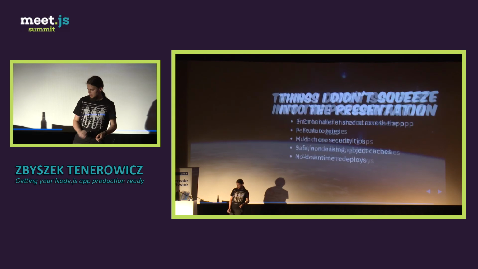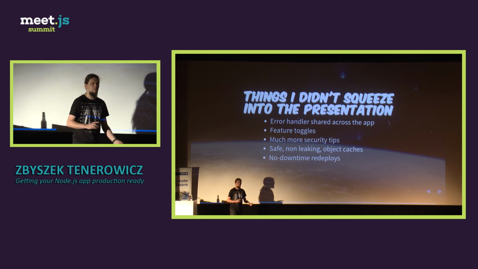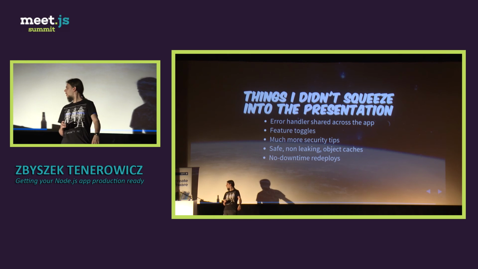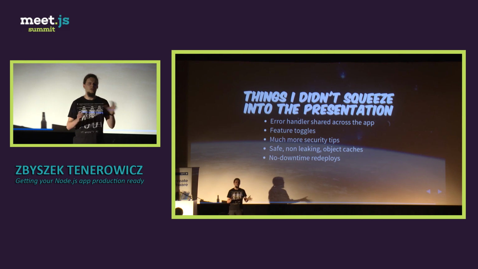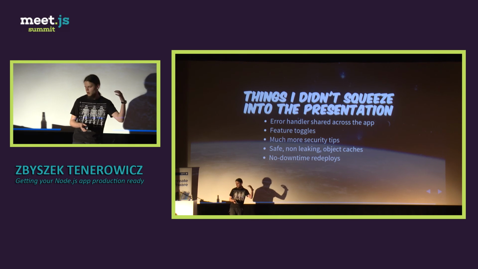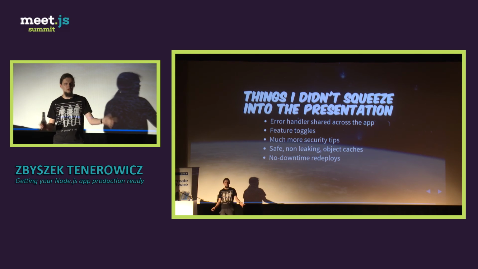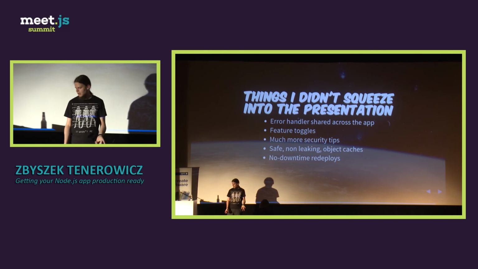Okay, what's next? Things I didn't put in that presentation because there's a time limit. So you can ask me questions about those, obviously. I hope we squeeze them in. You want to centralize error handling to have better control. You want to have feature toggles, which can be done in multiple different ways, and they can bite you badly.